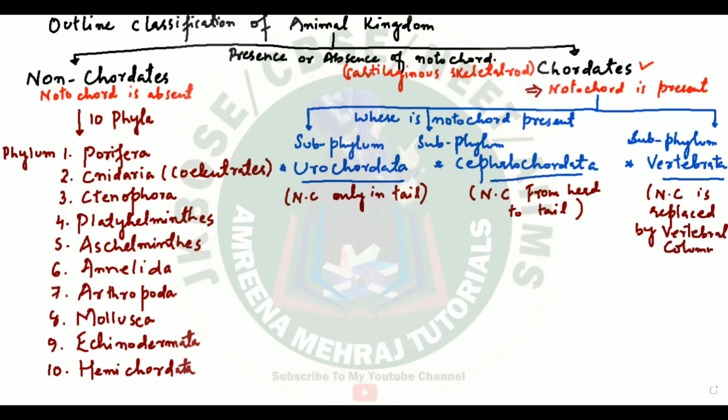That's why this group is called vertebrata, because they have a vertebral column, the spine. At the embryonic stage, the same place where the notochord is present is then replaced by the vertebral column.